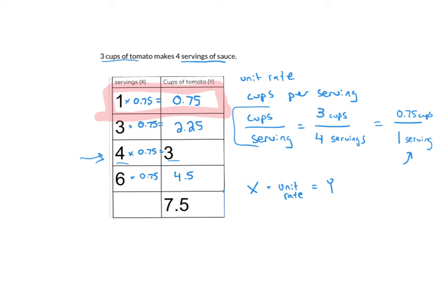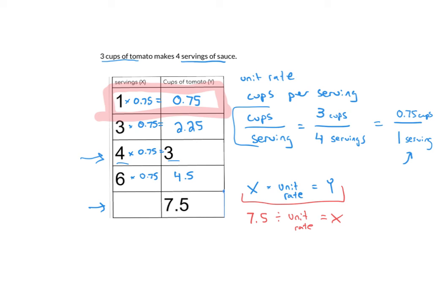And now in this next ratio, right here, we have our y value of 7.5, but we don't have an x. So this work that we did right here, we're going to do the opposite. Instead of multiplying x by the unit rate to get y, we're going to take our y value, which is 7.5, and divide it by our unit rate. And that will give us our x.